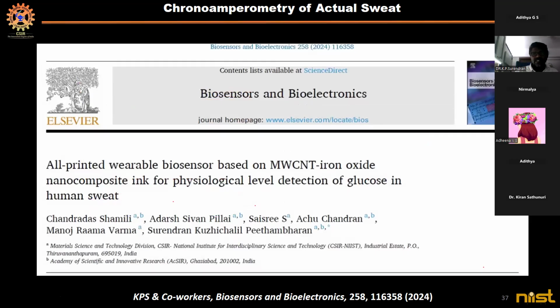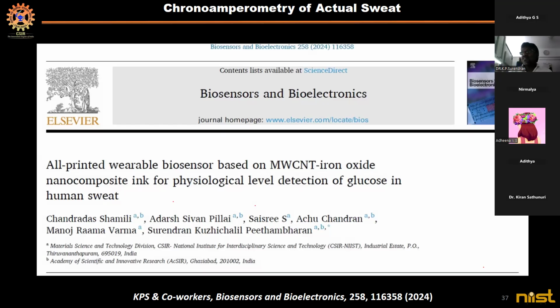So this sensor is very accurate and very sensitive, as well as very selective, because it shows no response to contaminants or adulterants, but shows a response only to glucose. That means this kind of sensor can be worn on an armband, and using a potentiostat, your data can be decoded and read using an RFID.